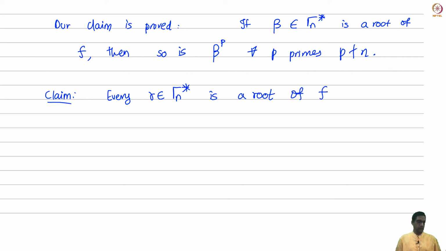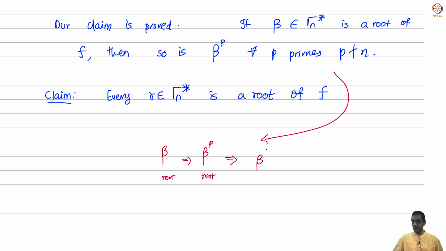Okay, and that's rather straightforward, because all you have to do is observe from this claim that we have just shown, that if beta is a root, then beta to the power p for any prime p not dividing n is a root, but beta to the power p is a root, so that to the power another prime is a root, and so on. So this is a root implies this is a root. Now you keep iterating this.